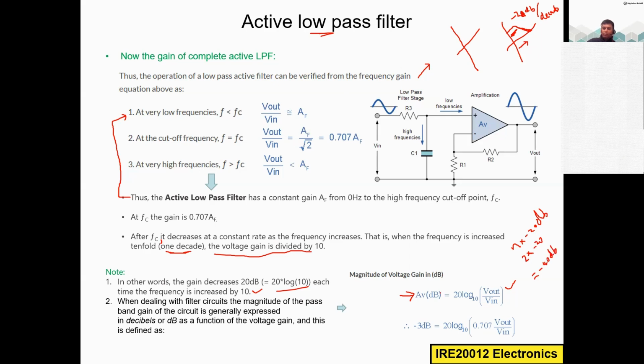Remember here, we do not have the minus because we are applying the input to this positive terminal, so there is no phase difference with respect to input. But the fall down will be 20 dB per decade, the same. So n times 20 dB per decade. If you use the second order filter, it will be 2 times 20 dB, that is 40 dB. Anyway, the principle is the same. The curve will fall down towards 0, either slower or faster.